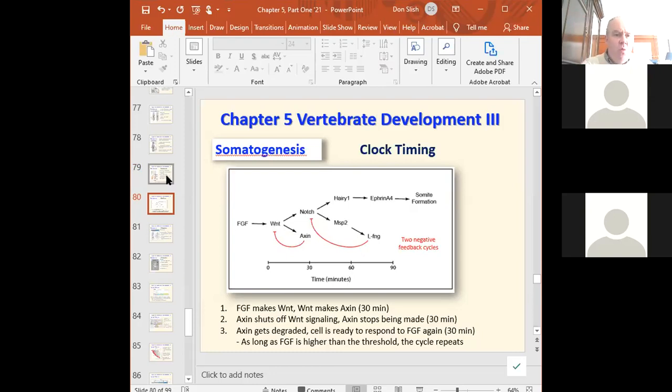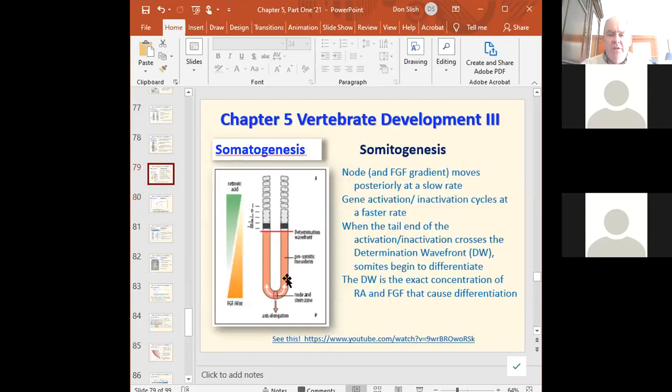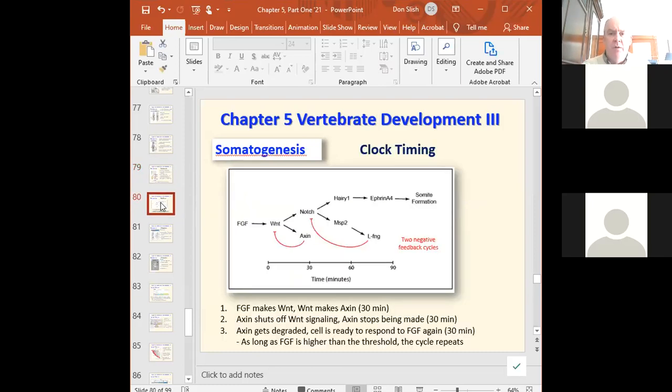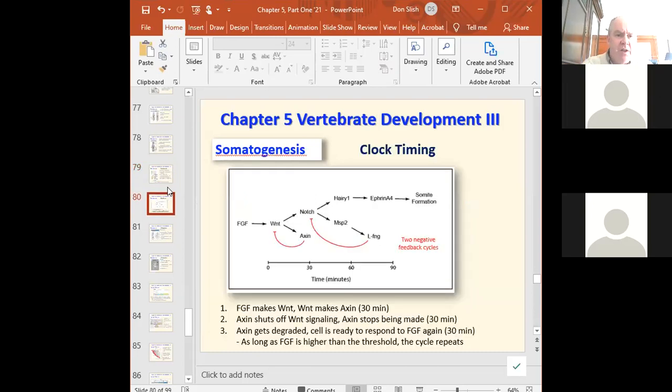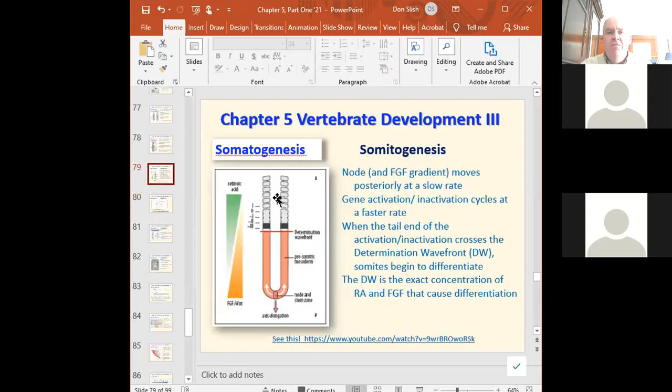Now, when you get a somite is when you're at the point of the cycle that ephrin is being expressed as you cross that determination wavefront. Ephrin A4 is high when the cell crosses that determination wavefront.